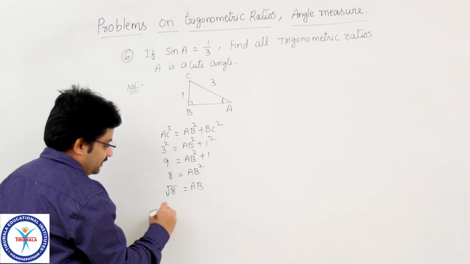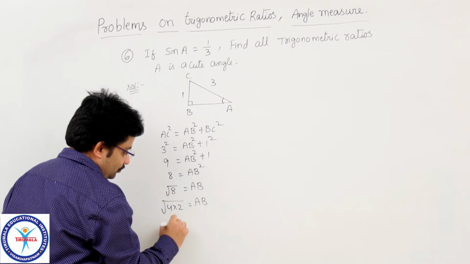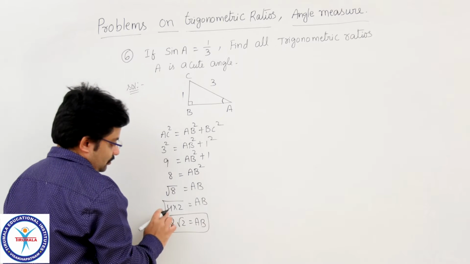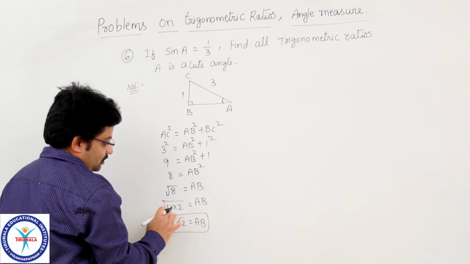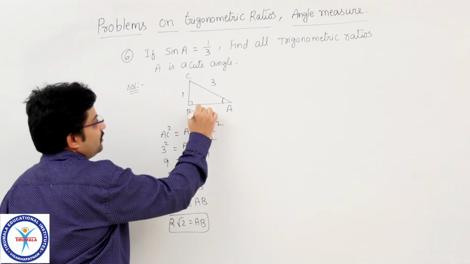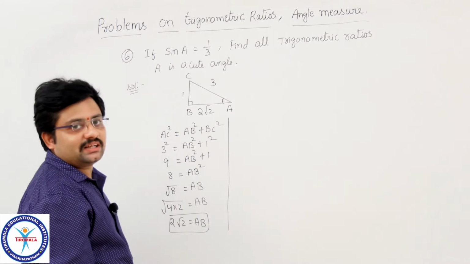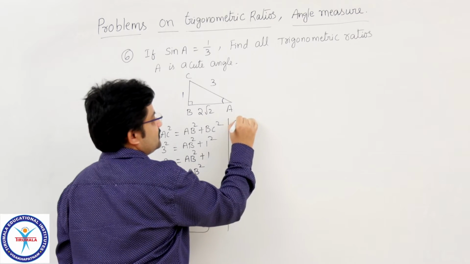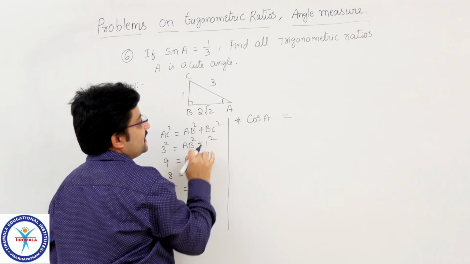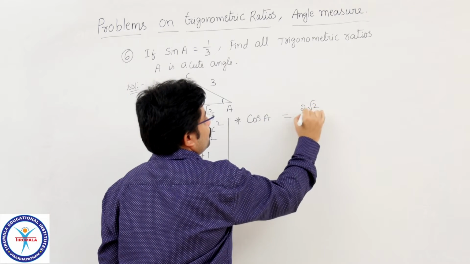Square root of 8 can be written as root of 4 into 2, that is 2 root 2 equal to AB, because root of 4 into root of 2, square root of 4 is 2 and again root 2. That is the length of AB. Now we need to find out all other trigonometric ratios. From this, what is cos A? Cos A is nothing but adjacent side by hypotenuse, that is 2 root 2 by 3.